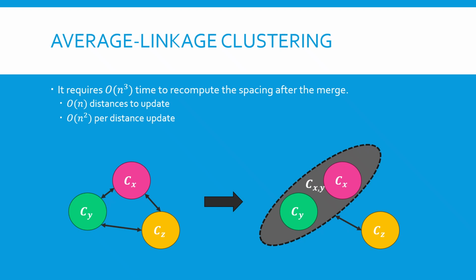In addition, we must recompute the spacing between Cxy and every other cluster. There can be up to O(n) such clusters. As a result, updating all spacings after each merge takes O(n cubed) time, which is significantly slower than the single-linkage algorithm.